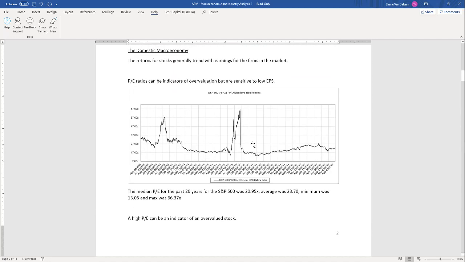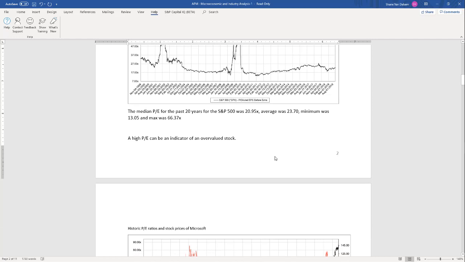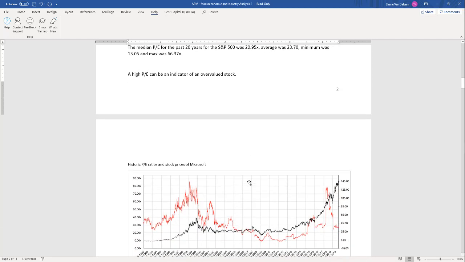So what was happening here was that earnings fell dramatically for firms during these times, and even though stock prices also fell, the stock prices didn't fall as much as earnings, and so we saw a big bump in this PE ratio during those time periods. A high PE can be an indicator of an overvalued stock.